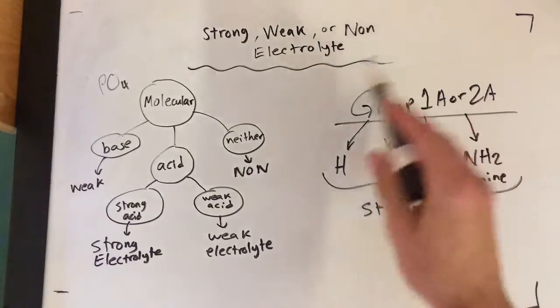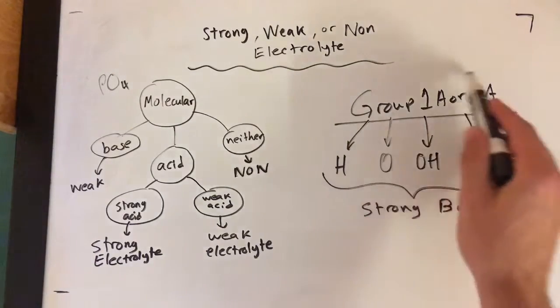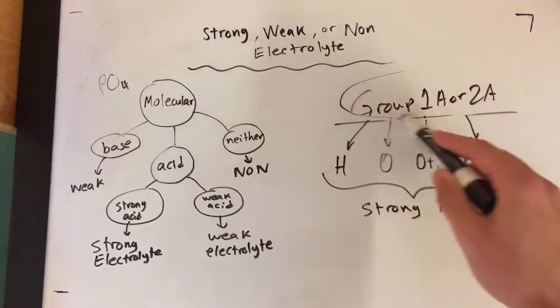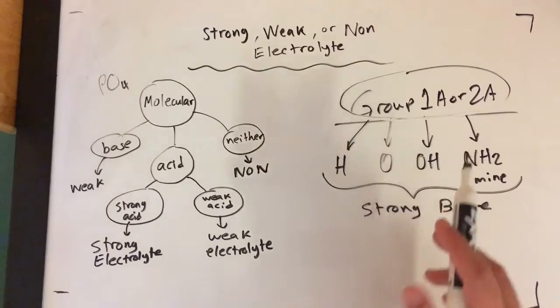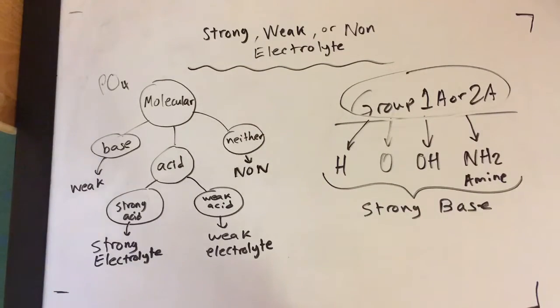Now, obviously, these strong bases, group 1A or group 2A, those are metals, and a metal with a non-metal, these are non-metals, would result in an ionic compound, which is automatically a strong electrolyte. That's why all strong bases are strong electrolytes.